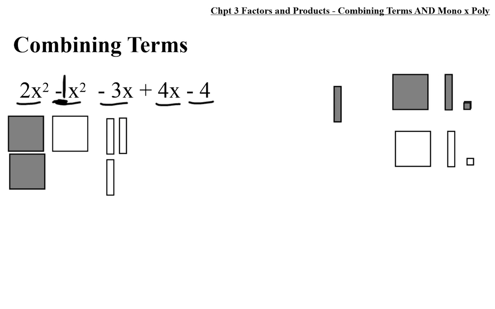The next term is +4 x tiles. So I need +4 of the x tile. There's +4 x. And my last term, watching my signs carefully, -4 units.